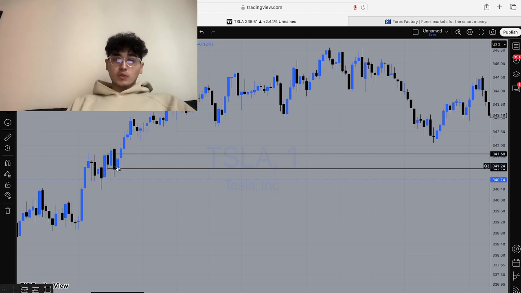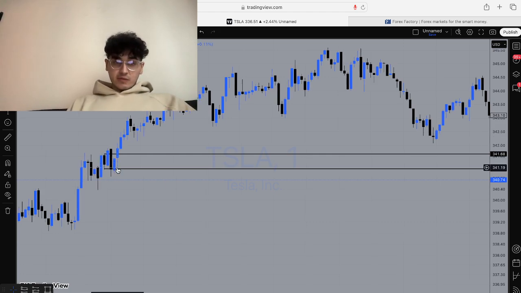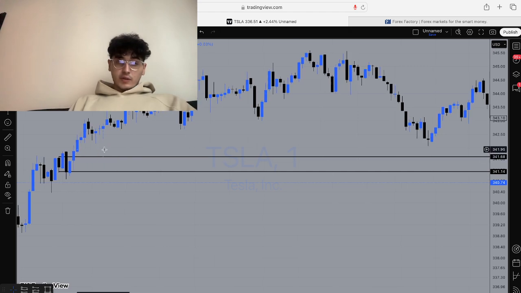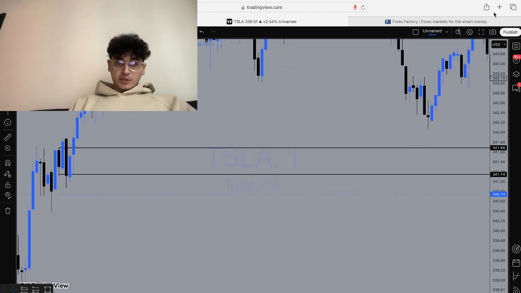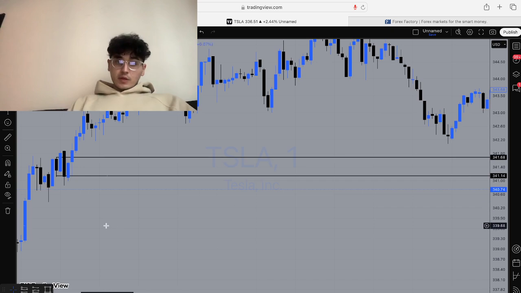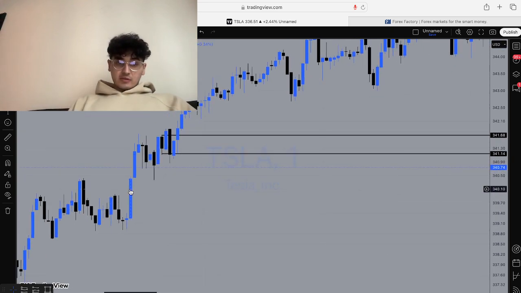But when they don't overlap, that's typically when fair value gaps are created. You can see right here, when we start to have a bit more of an aggressive move, some of these candles aren't overlapping on each other, such as this one right here isn't overlapping with this candle here. But let me get back to our previous example. So you can see that we have this candle here, this candle here, and this candle here.